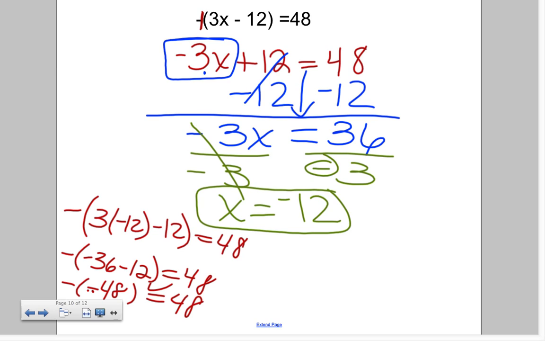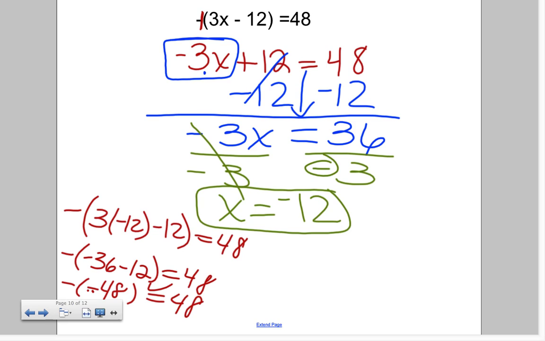Any questions on that one? Anthony? Could you do it a different way, like the check? Like what? Would you plug it into this red equation? No, like, if you could do 3 times 12 and do the negative times 12 and then bring that down and then add it.